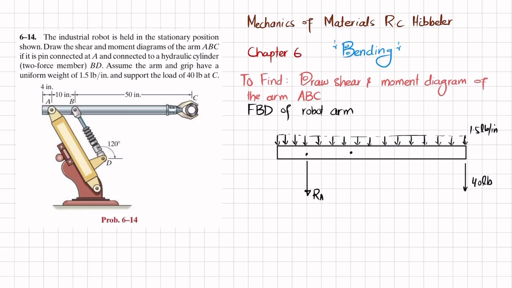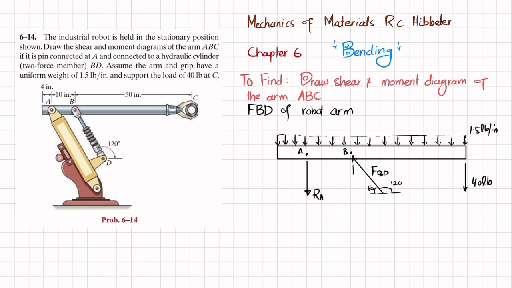This is point B and this is point A, and at point B we have a reaction force by this member, and this force is FBD. This is making 120 degrees over here, so the remaining will be 60 degrees.